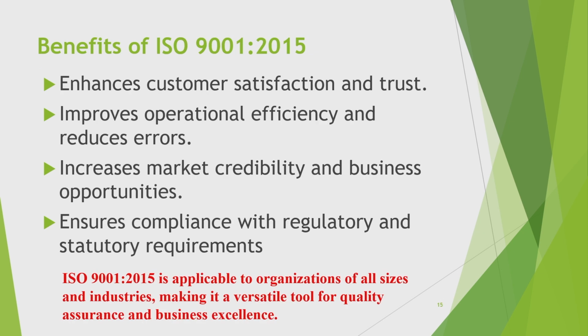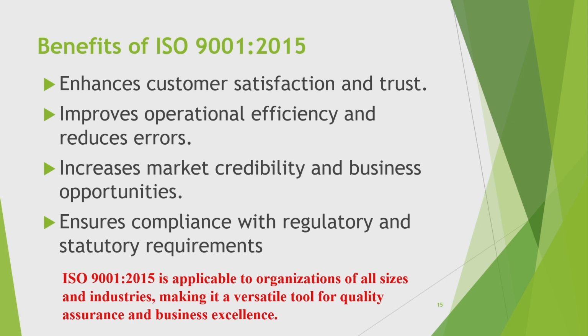What are the benefits of ISO 9001:2015? It enhances customer satisfaction and trust. It improves operational efficiency and reduces error. It increases market credibility and business opportunities, because when the other person knows that you have got an ISO 9001 system in your organization, your organization must be good.